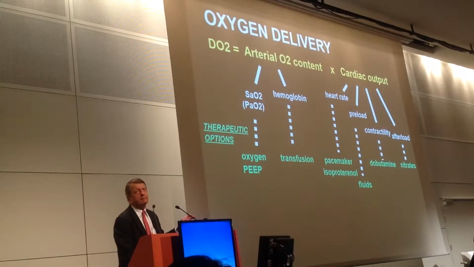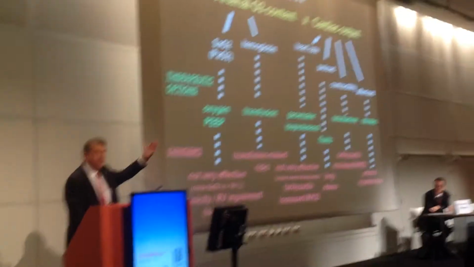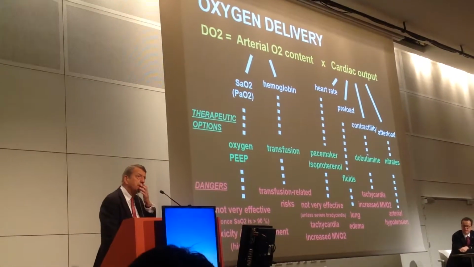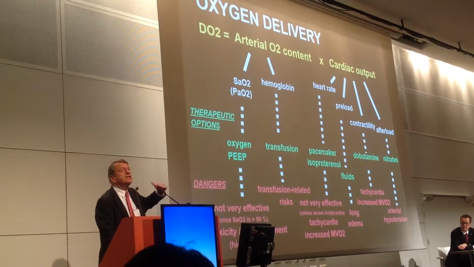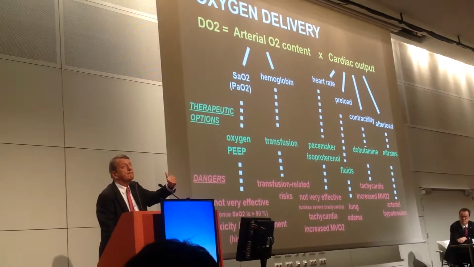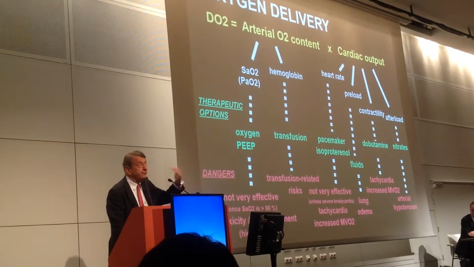So in conclusion, when we speak about oxygen delivery, we need to split up the determinants: PaO2, oxygen saturation, hemoglobin, and the 4 determinants of cardiac output. And whenever we try to increase one of these determinants, there may be a price to pay. Too much oxygen, not good. Too many transfusions, not good. Too much fluids, not good.